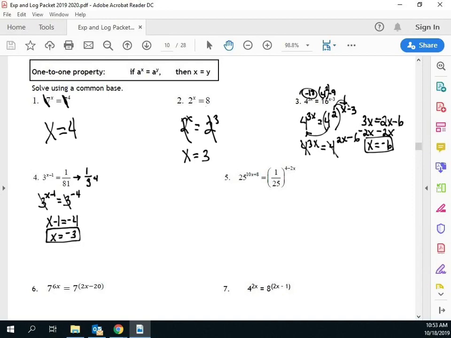Number 5 is not too bad, in that number 5 already has the same bases. Can you see them? What is that base we're looking at? 25. That's nice. 25 is already there for us. So, which side do I need to rewrite? And how do I rewrite 1 over 25 as an exponent?